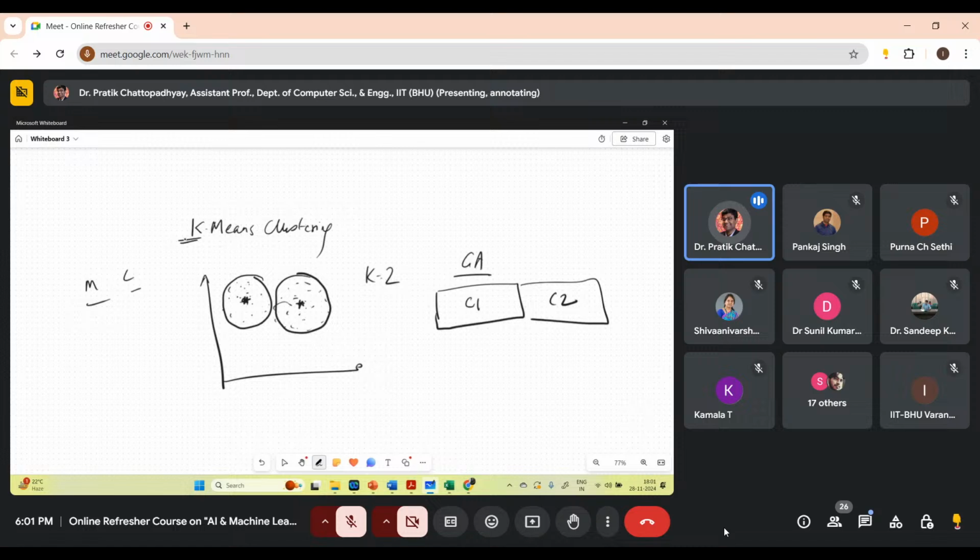Similarly, in this way, we will generate several solutions. This is my initial population, let's say 1,000 solutions, each with cluster 1 and cluster 2. These are basically points in this space. From here, we can apply the same theory to find the fitness of each chromosome. Like, what is the distance of each point from the closest cluster center?